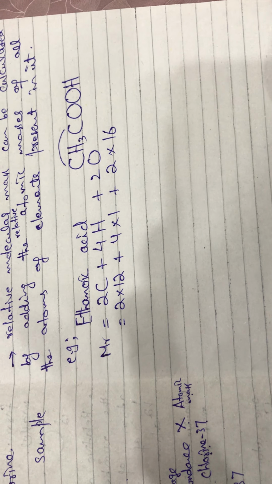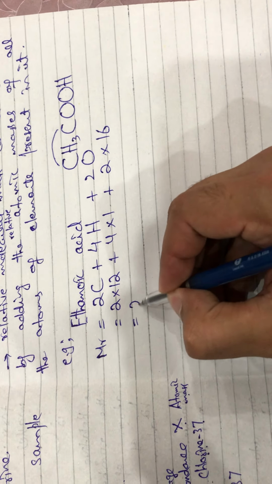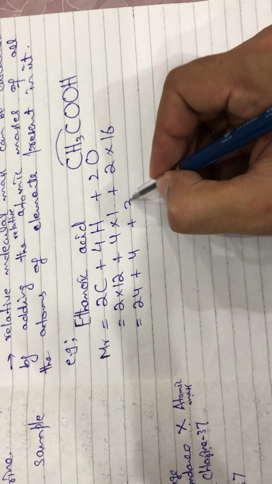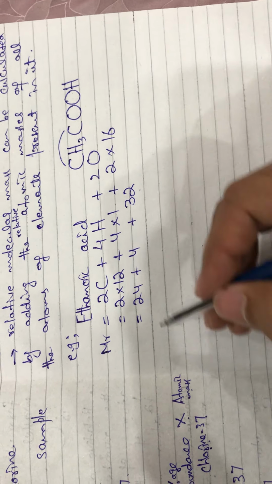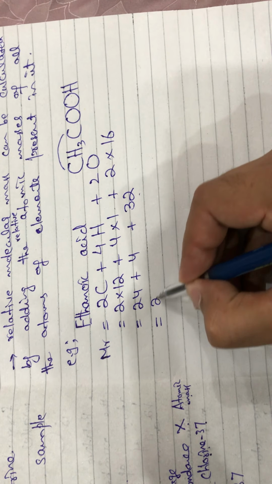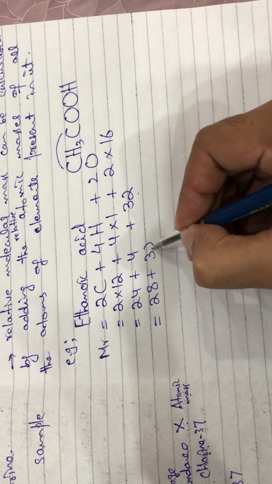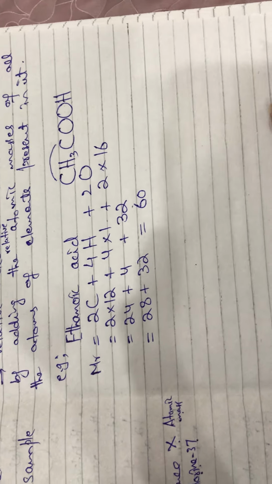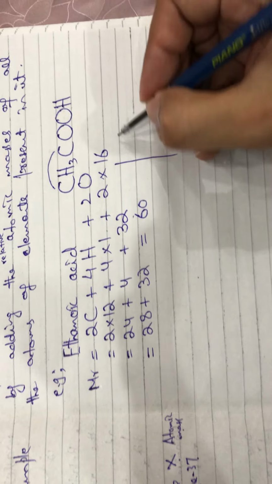So 12 twos are 24, plus 4 ones are 4, plus 16 twos are 32. Adding it, 24 plus 4 is 28, plus 32, the answer is 60.